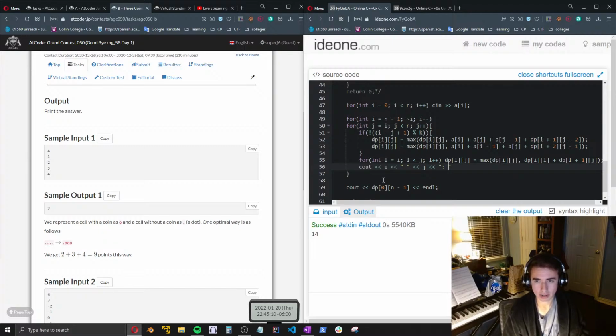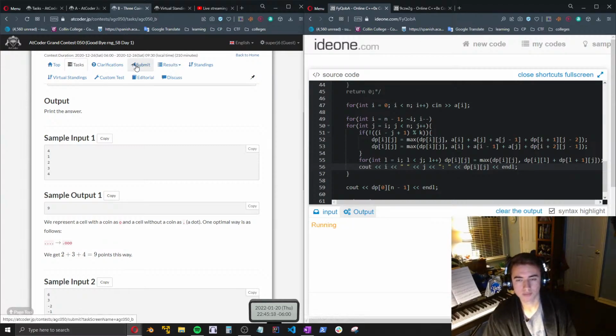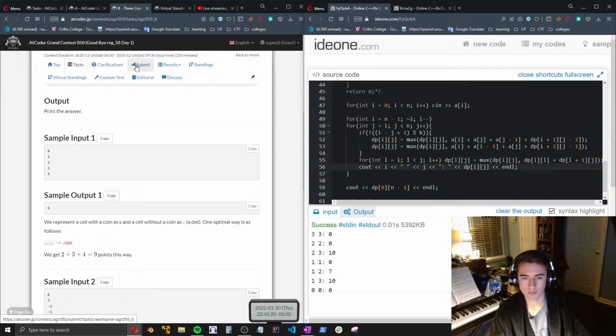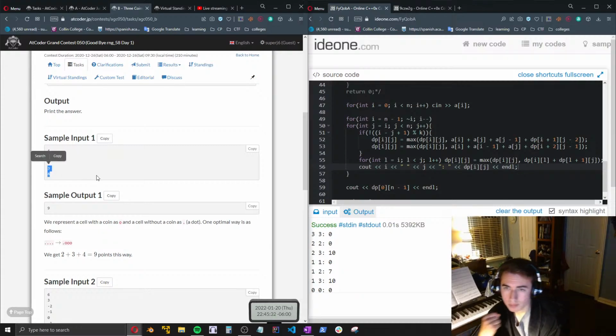So I'm just putting in outputs to see where it's going. In this simple case, it should have nothing going wrong. That's alright. 2, 3. 2, 3 is 10. How is 2, 3 10? How is it even getting any answer for 2, 3? 1, 2, 3. How? Let me see.